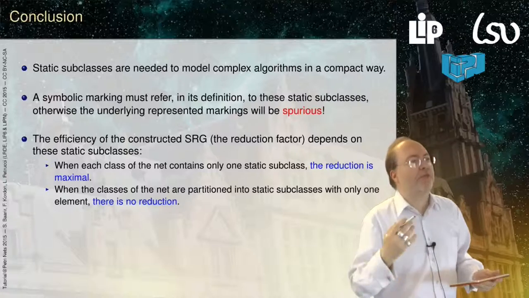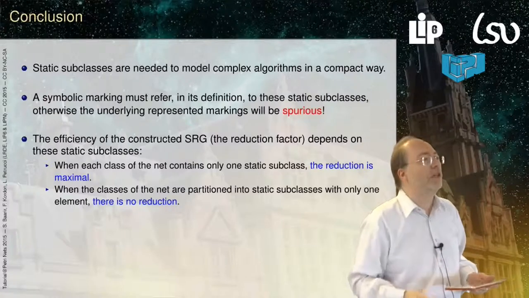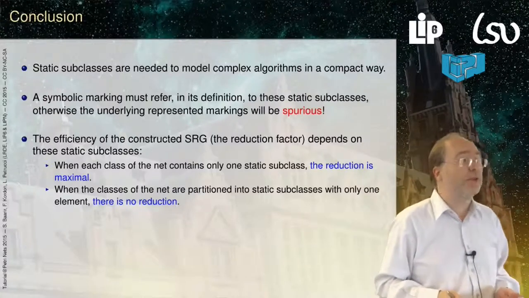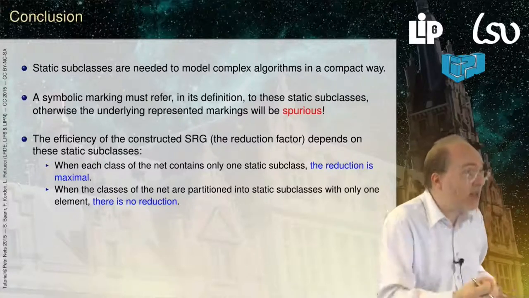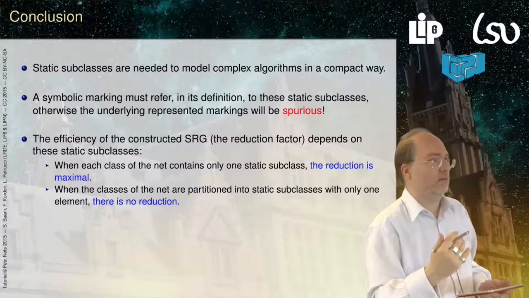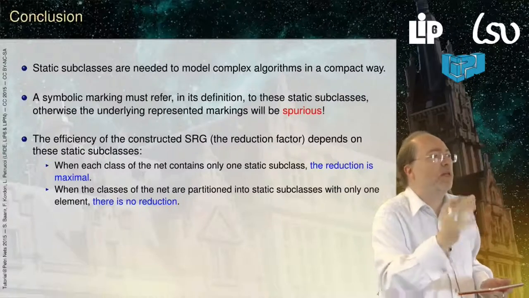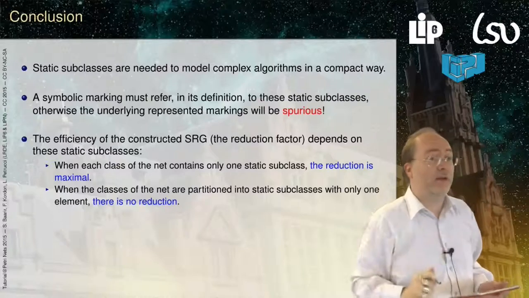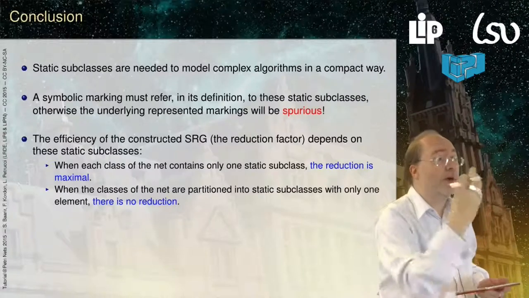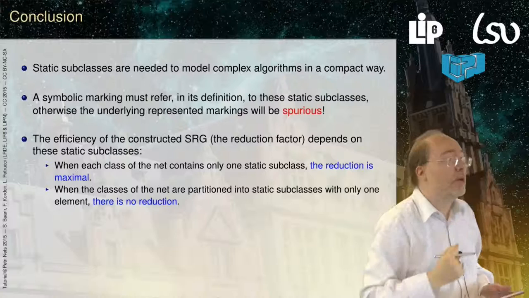It preserves the efficiency of constructing the reachability graph, the symbolic reachability graph, sorry, and it preserves also the reduction factor. It's not exactly the same because the permutation group does not apply to the entire color type, but it applies to subclasses.